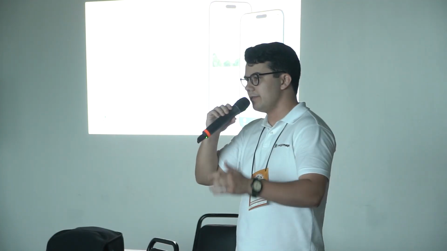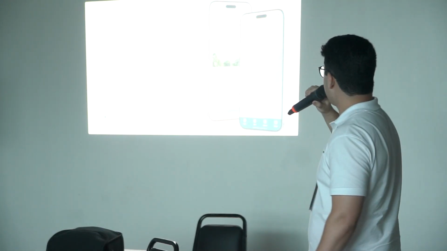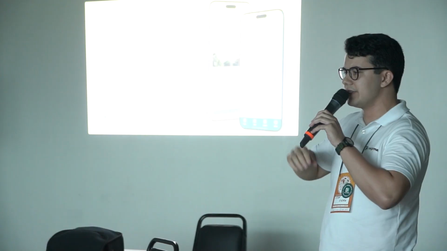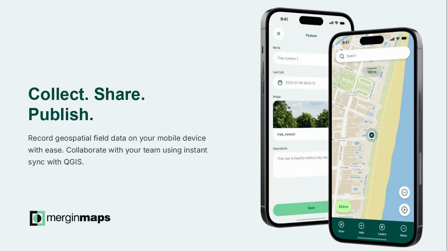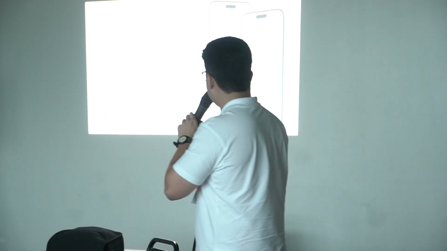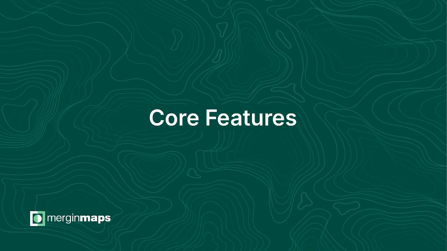You can collaborate with your team in real time. We have this sync button right there where you can upload your data to the server with just one tap and have all the changes that have been done in this project right on your cell phone too, right in your QGIS. So let me talk a little bit more about our core features.